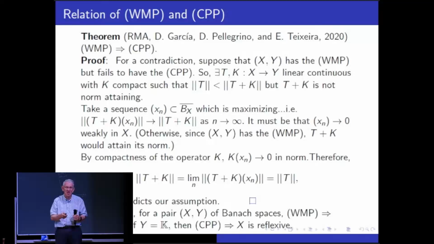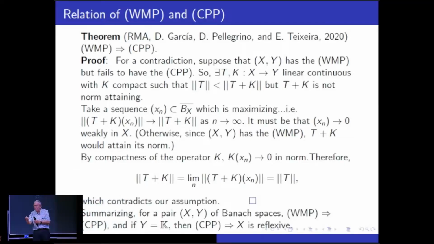The reason is, you take an operator into the scalars, so it's a linear form, and it attains the norm because X is reflexive. Therefore, it attains the norm at some non-zero vector. Take that vector and repeat it infinitely often. That's a sequence which works, it's non-zero, and it attains the norm there.